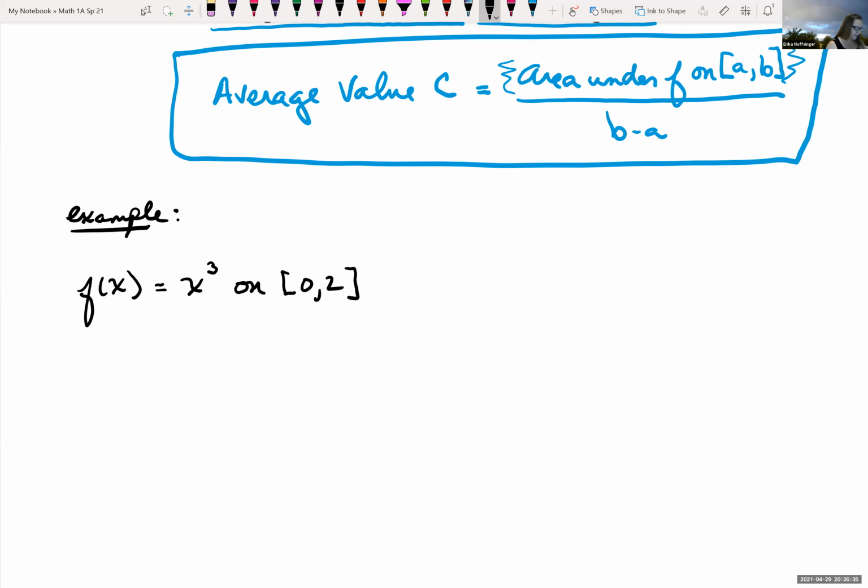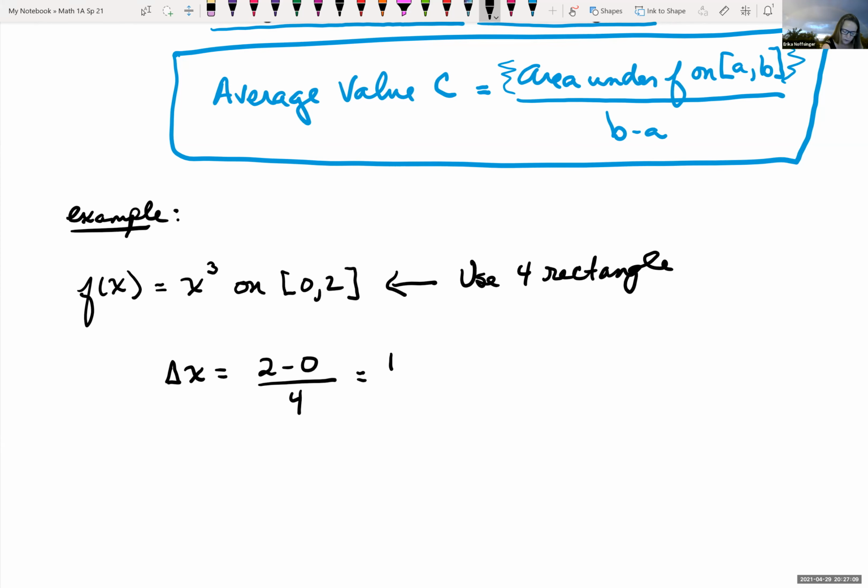So we're going to have 4 subintervals, so 4 rectangles, and we want to find the average value. We need to find our base. Our base is going to equal 2 minus 0, all divided by 4, and this is equal to 1/2.